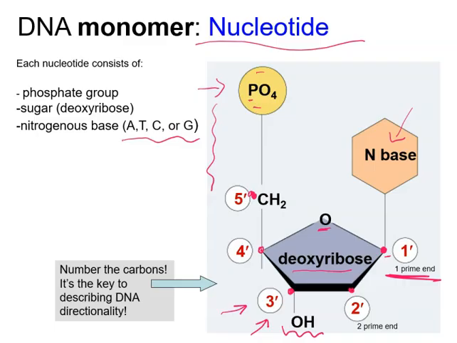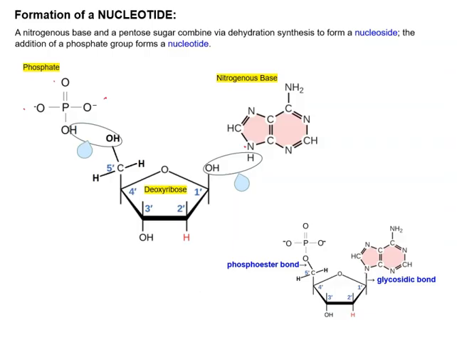So now let's take a look at how do we actually form a nucleotide. So if we take that sugar molecule, your deoxyribose, and a nitrogenous base, notice your sugar offers hydroxyl group at this prime end, and nitrogenous base offers hydrogen.